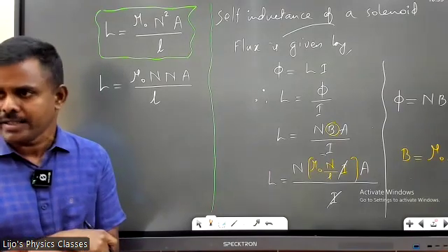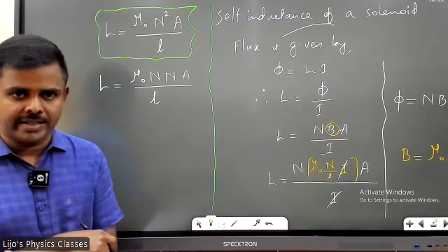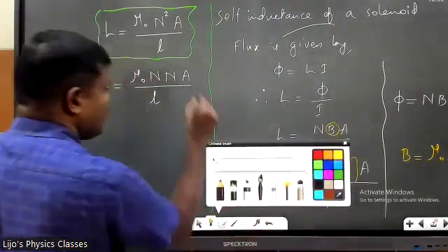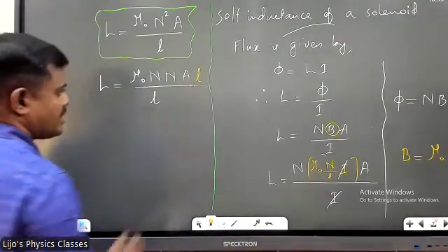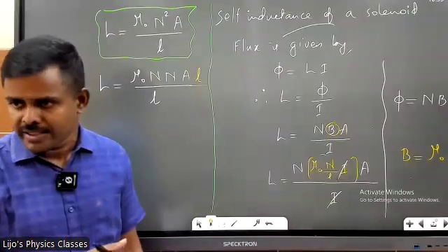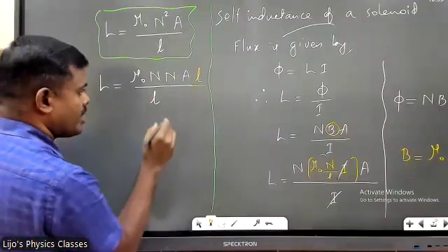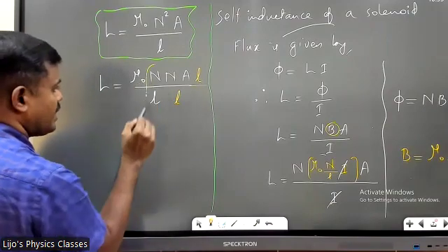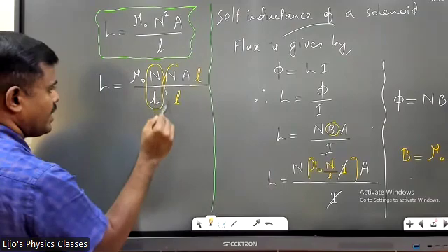You know why I'm doing it, right? Because in the textbook they have done it. So what am I going to do? I will put an extra L on the numerator. But I can't do as I wish. If I do something, I have to compensate, right? I put an L on the numerator, I put an L on the denominator. Then N and L are taken together.